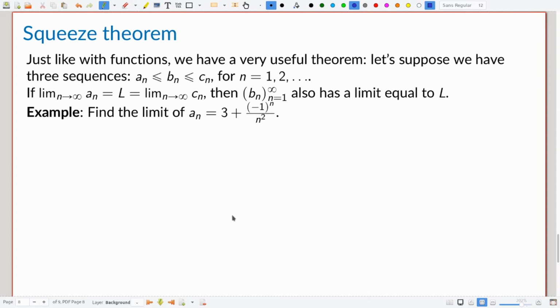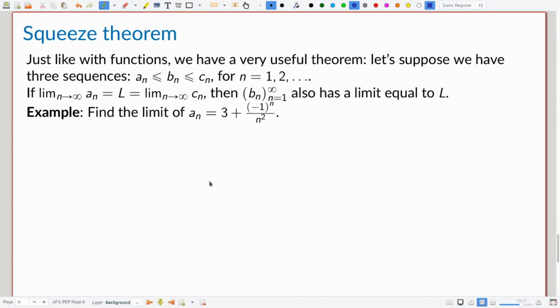They squeeze the one in the middle. an is less than or equal to bn is less than or equal to cn. And if the 2 outside ones have a limit, let's say L, then the sequence bn also has a limit that's equal to L. Okay, and here I've introduced a little notation that people sometimes use for sequences, where you write bn with parentheses and then you say where the n starts and where it goes to.